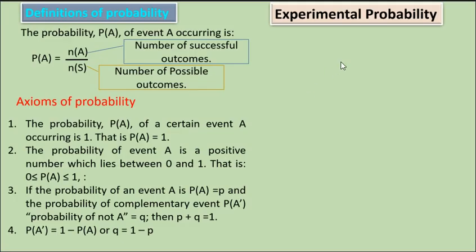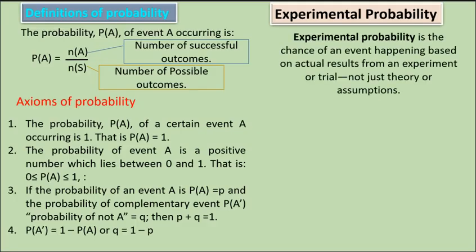Then we move to experimental probability. What do we actually mean by that? Experimental probability is the chance of an event happening based on actual results from an experiment or trial. It is not theory. It is not assumption. We actually carry out the experiment, and this is the result we are getting from the experiment.